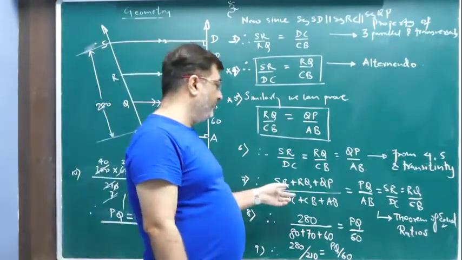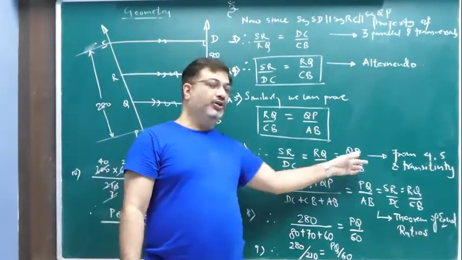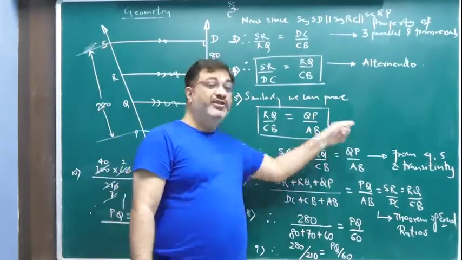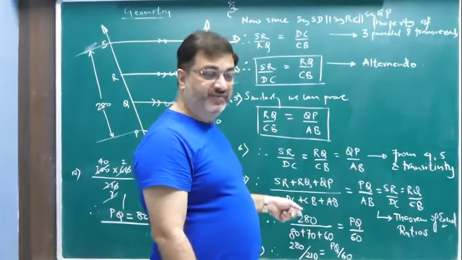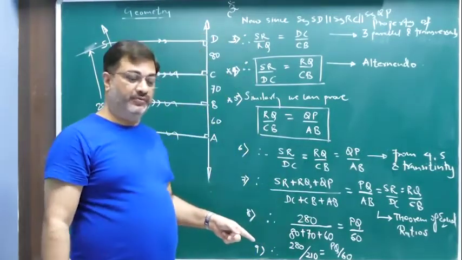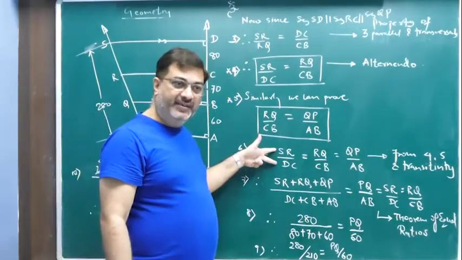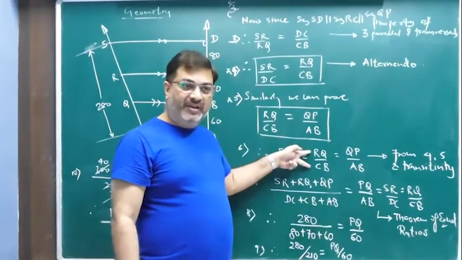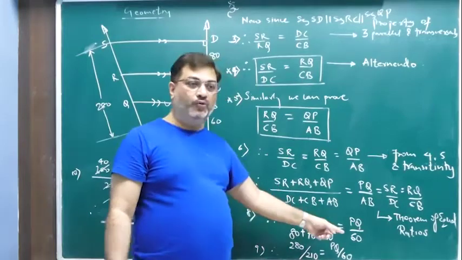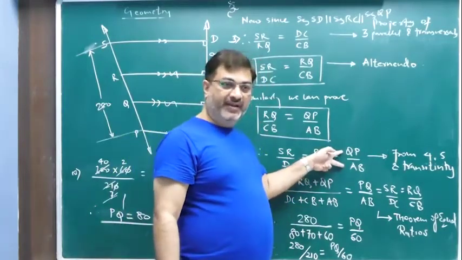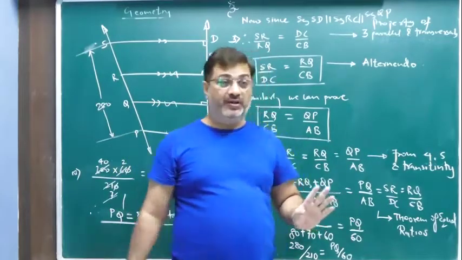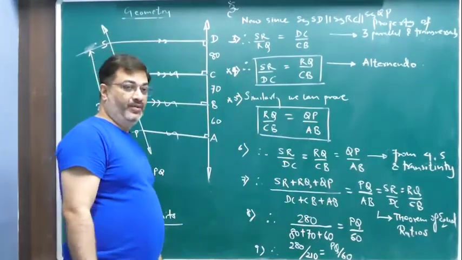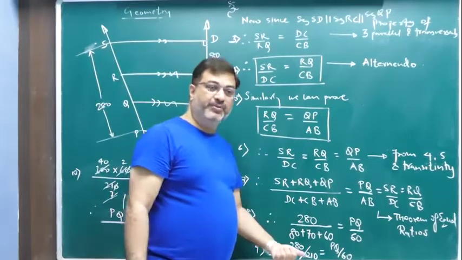When I apply the theorem on equal ratios, I will add all the tops, then I will add all the bottoms, and still the answer will be equal to each ratio. Right? So the same SR upon DC I will get when I add up and add down. Same RQ upon CP, same QP upon AB. Clear? That is the theorem of equal ratios which we studied last year, in the ratios and proportion chapter.